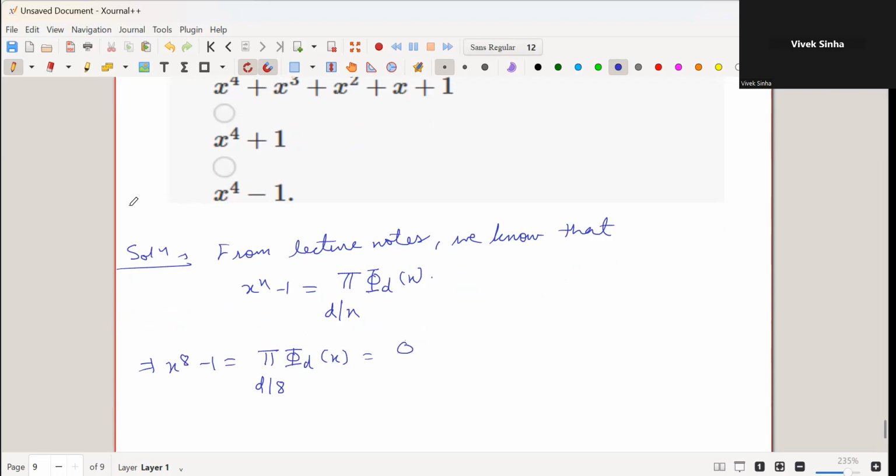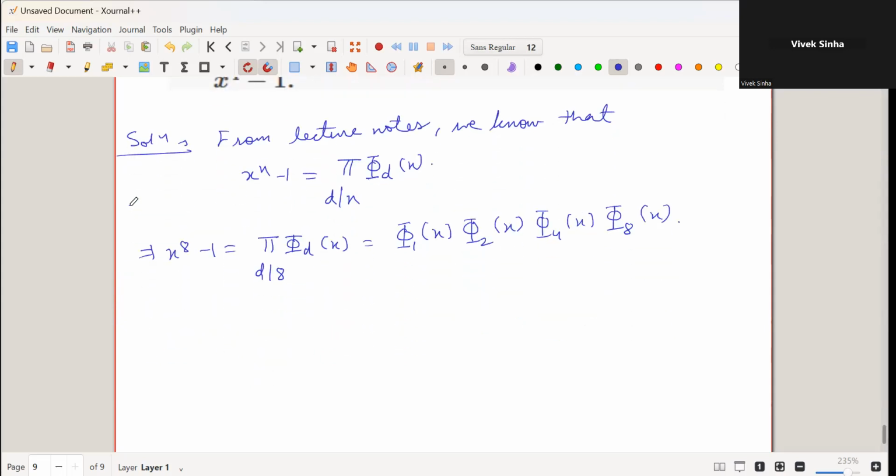What are the divisors of 8? 1, 2, 4 and 8 itself. So if we know phi_1, phi_2, phi_4, then we can just divide x^8 minus 1 by it, and we will get phi_8, right?